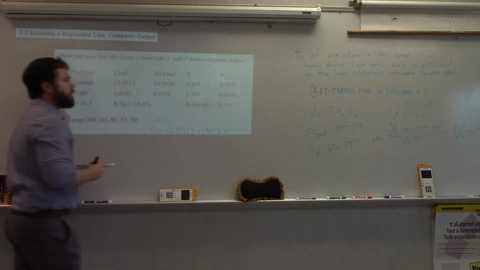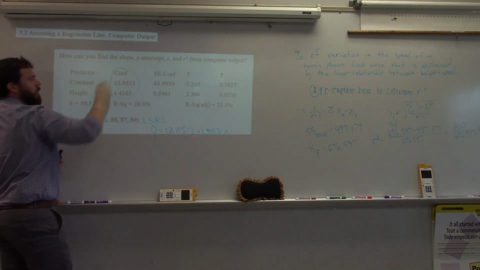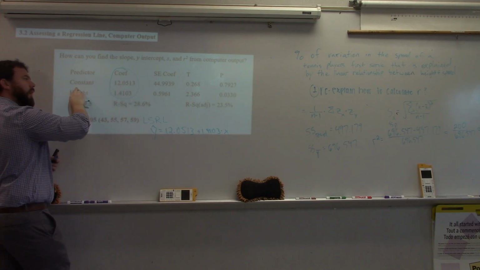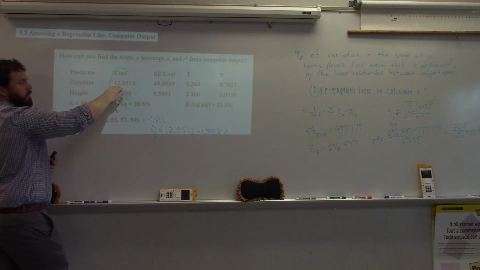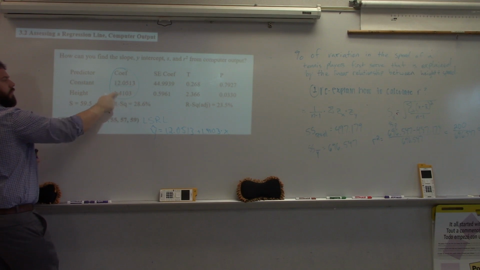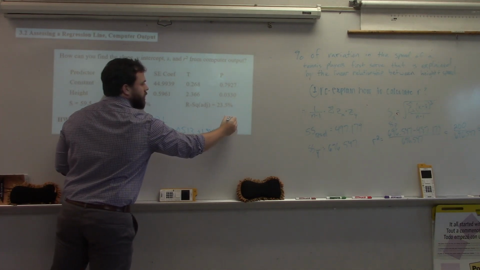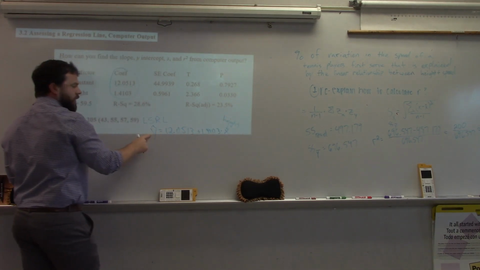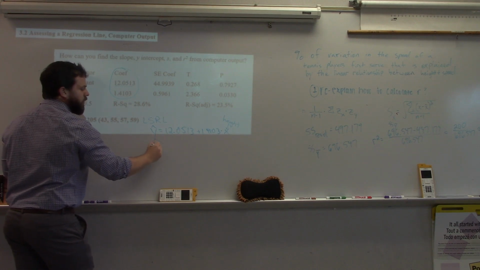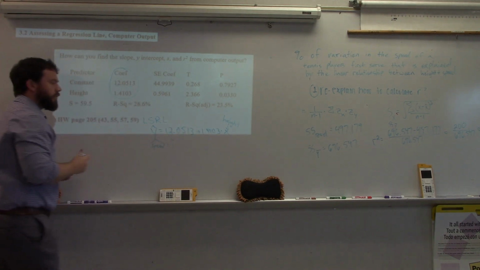And remember your context. It tells us these numbers are the coefficients. The constant is the y-intercept, and this is the coefficient for height, which is my explanatory variable. So the predicted speed, remember I like my context in there, is equal to this times height. That's all that's saying.